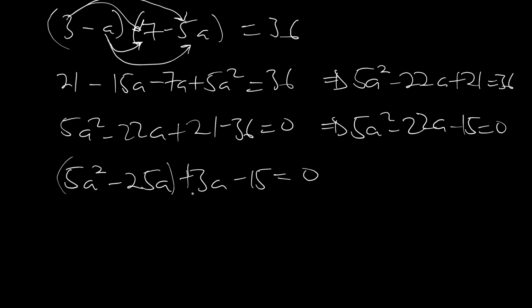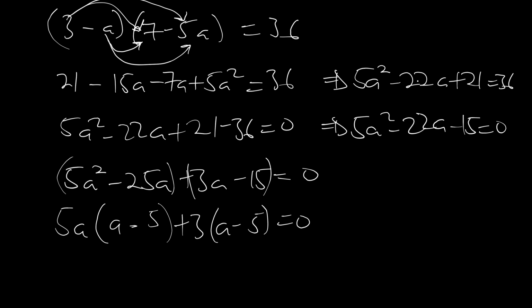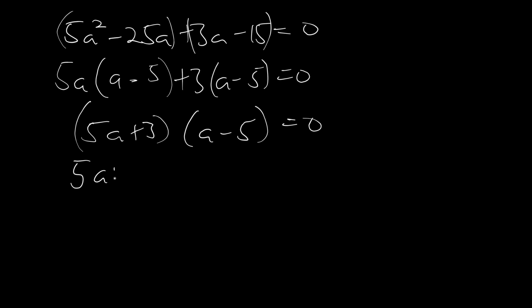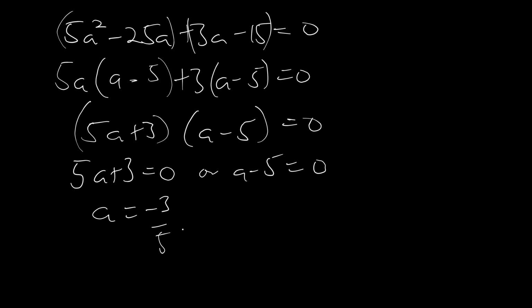So when we factorize, we have 5a into bracket a minus 5 plus 3 into bracket a minus 5 is equal to 0. So we have (5a plus 3)(a minus 5) is equal to 0. So 5a plus 3 is equal to 0, or a minus 5 is equal to 0. So we get a is equal to negative 3 over 5, or a is equal to 5.